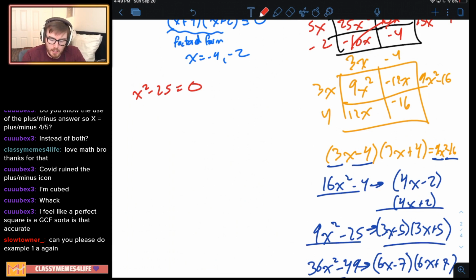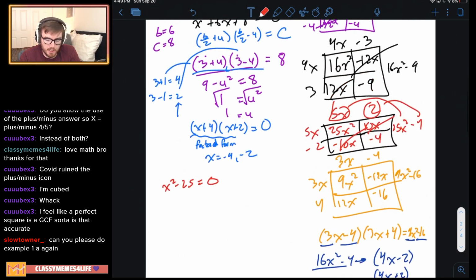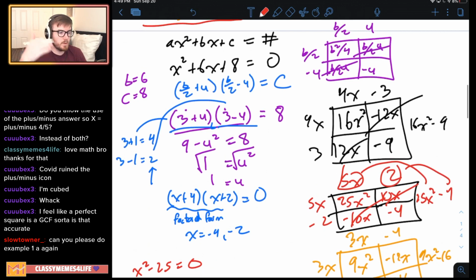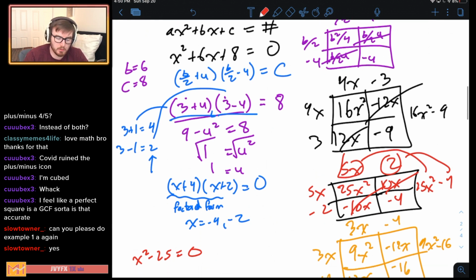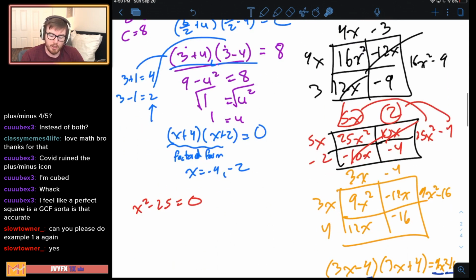So I did all of these examples over here on the right, where I was drilling in our head that when you have 4x minus 3 and 4x plus 3, the middle terms are going to cancel out, and you're just left with 16x squared minus 9. Perfect squares, because this thing times this thing is what generated the 16 in the first place, and this times this is what generated the 9. So of course it's going to be a perfect square. 5 times 5 gives me 25. 2 times 2 gets me 4.